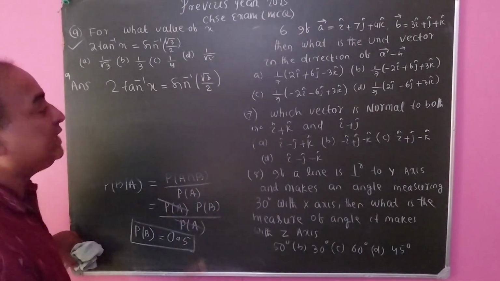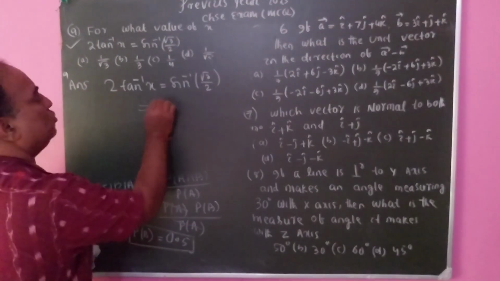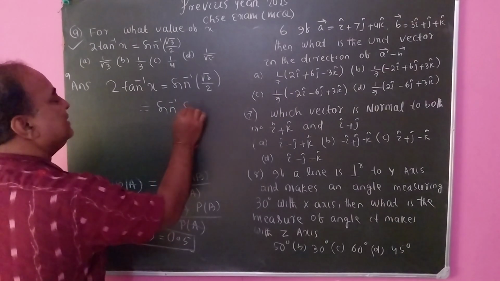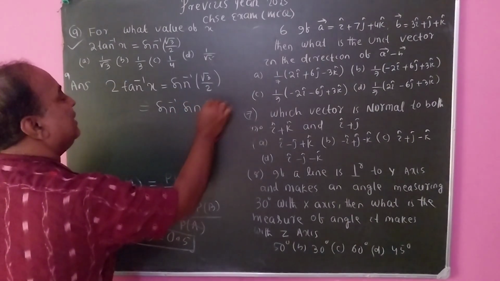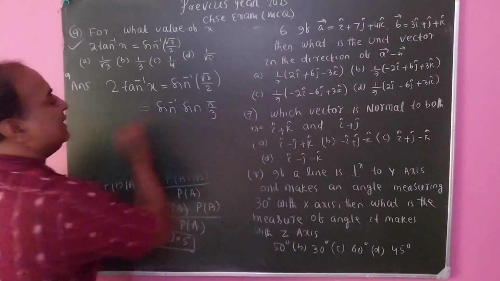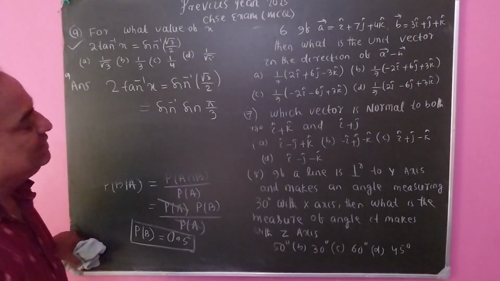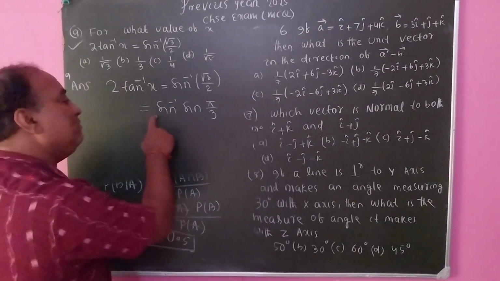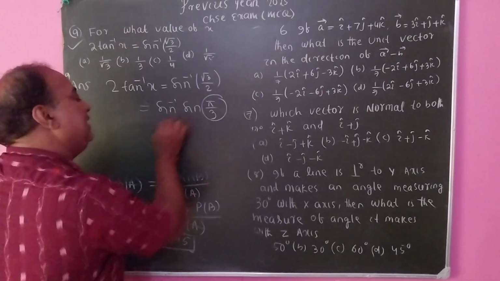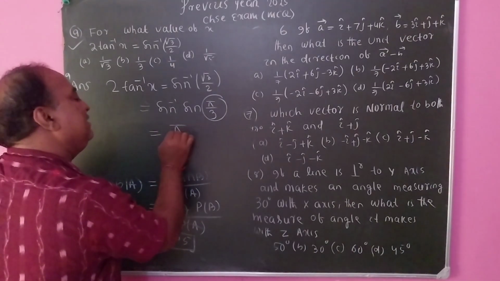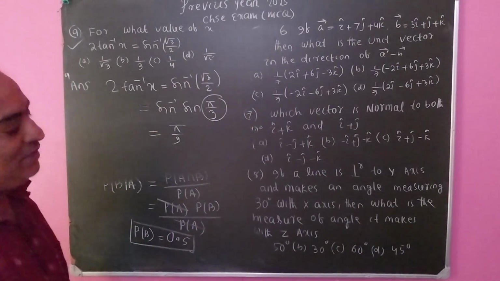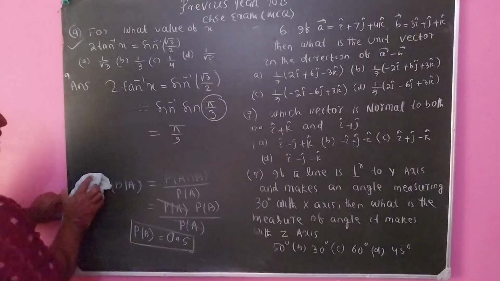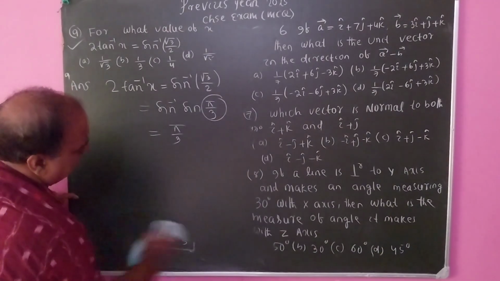Sine inverse root 3 by 2 is equal to sine inverse sine pi by 3. Sine pi by 3 value is root 3 by 2. Sine inverse of sine pi by 3 is equal to pi by 3.